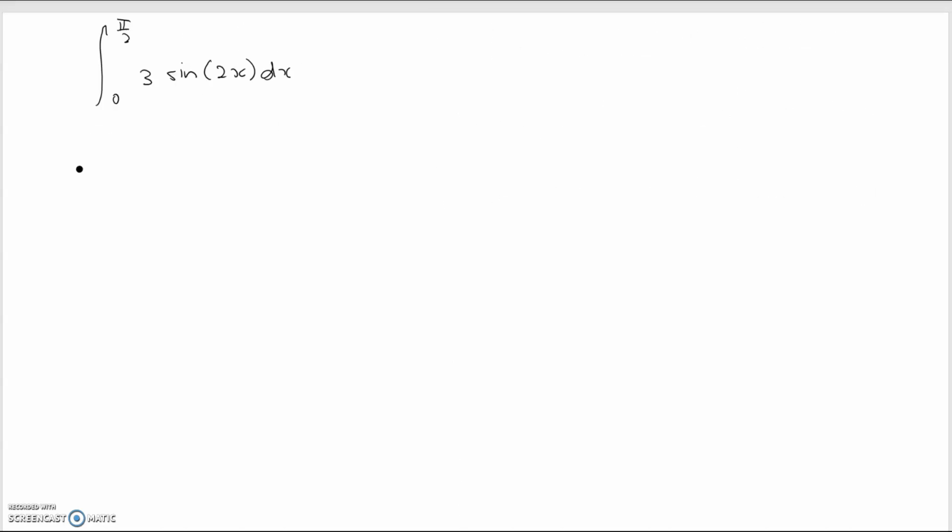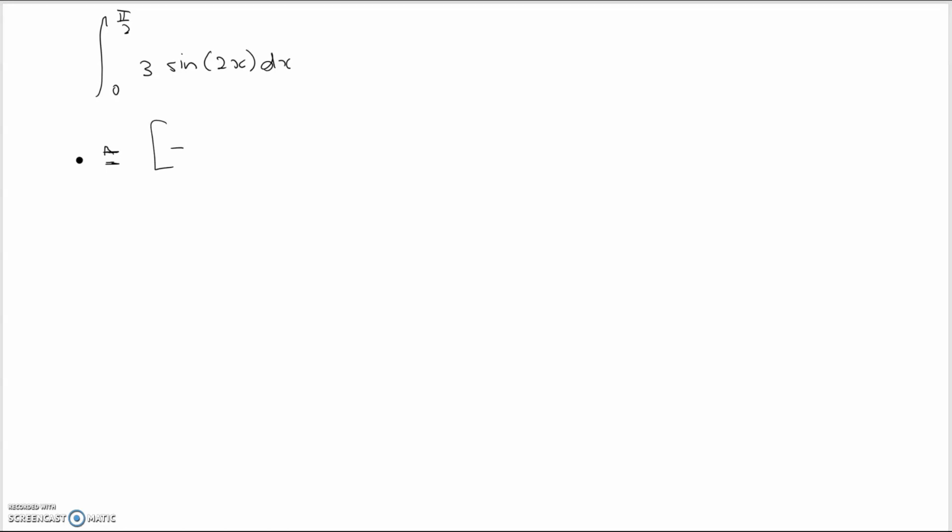Part C asked you to put in some limits, so you needed to first of all find the integral. So the integral of cos is negative sine, there's a 3, and the integral of sine 2x is cos 2x over 2.